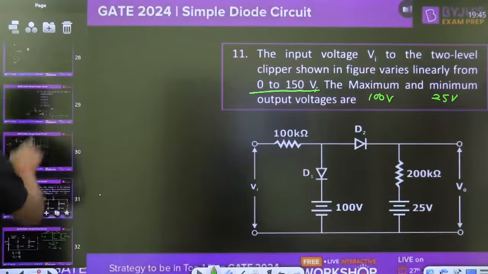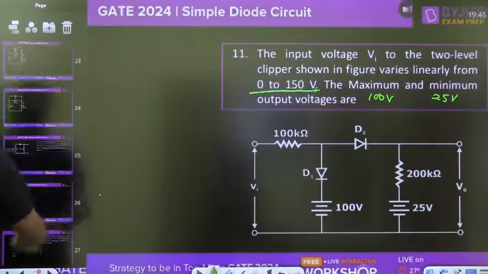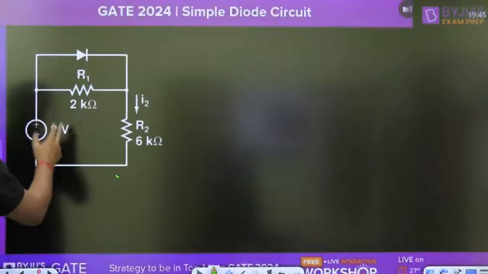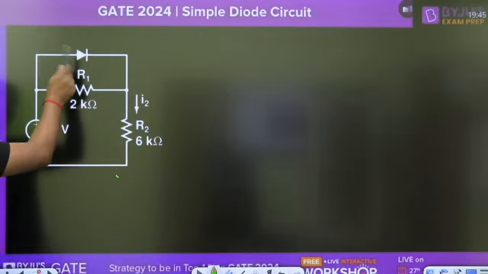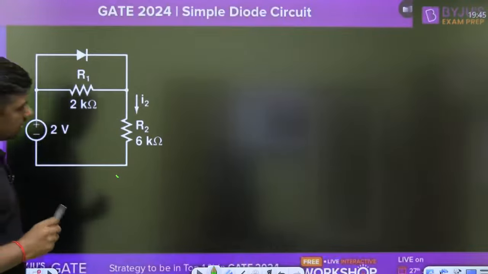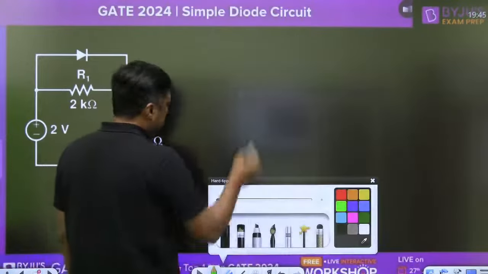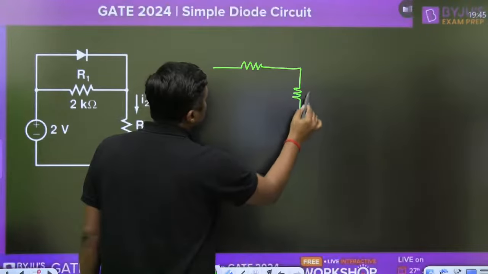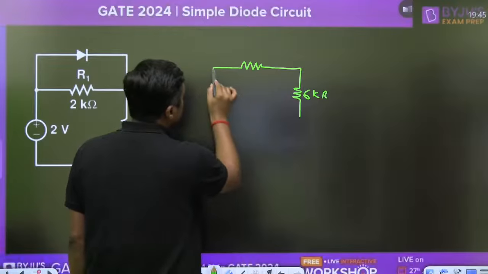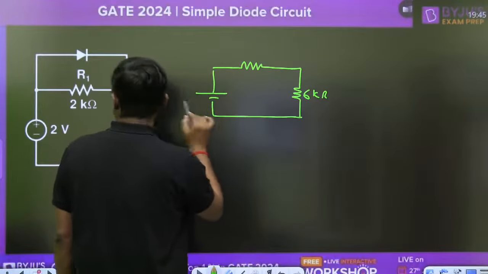Digital. So what was the question? What is your doubt? Now in this question, what you want to ask? Again, suppose you are taking the 1 kilo ohm, again the diode will remain off. For example, it is 1 kilo ohm, 6 kilo ohm, and this is the 2 volt.